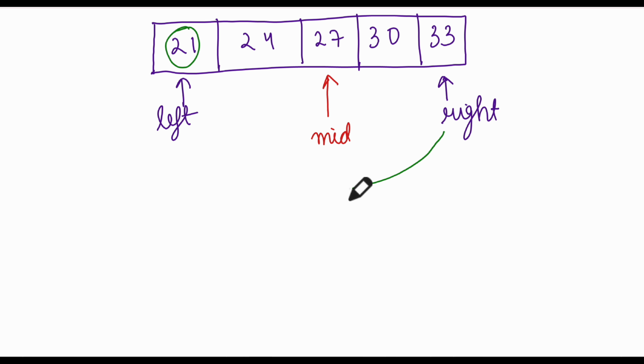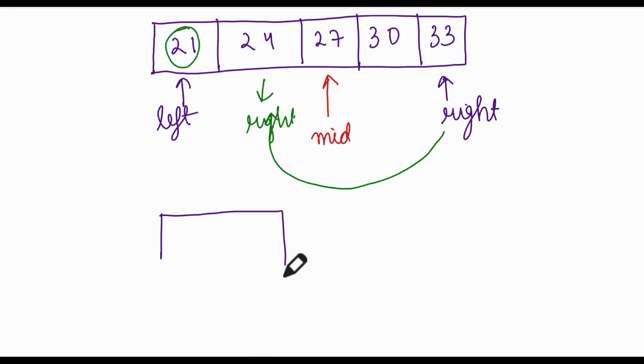So this will become my new right pointer, and this will come down to 21 and 24. This is my new left pointer and this is my new right pointer.